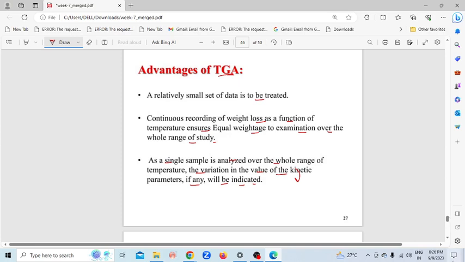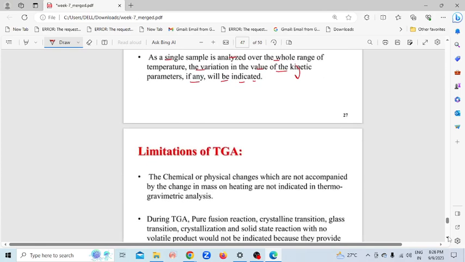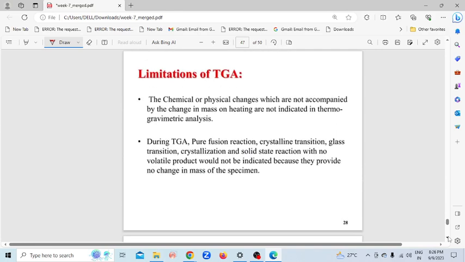So there are some reactions where one phase is changing to another phase. So the kinetics of this study you can analyze. Some limitations are also there. TGA means mass change. If mass change is not there in any chemical reaction, then it will be a limitation of TGA. Like that, the chemical or physical changes which are not accompanied by a change in mass on heating are not indicated in thermogravimetric analysis.